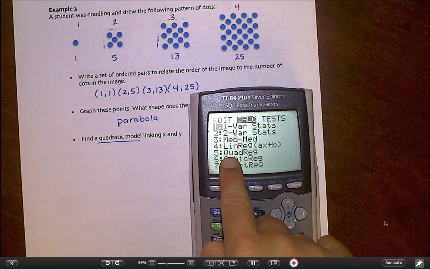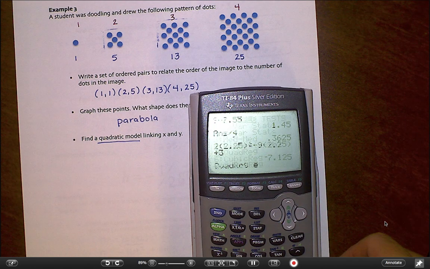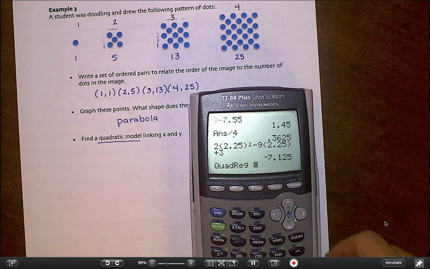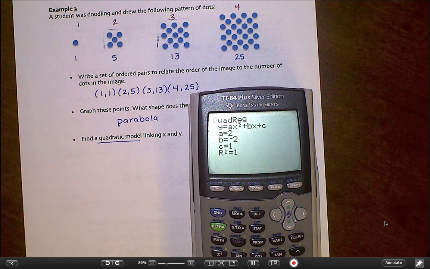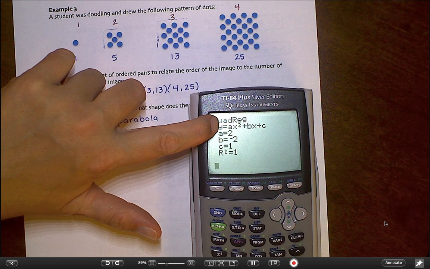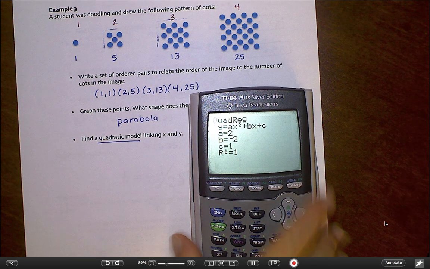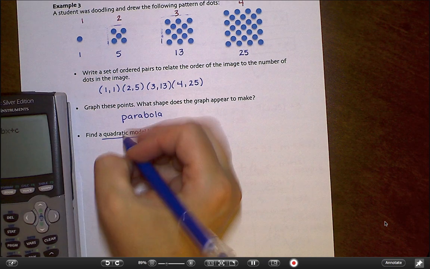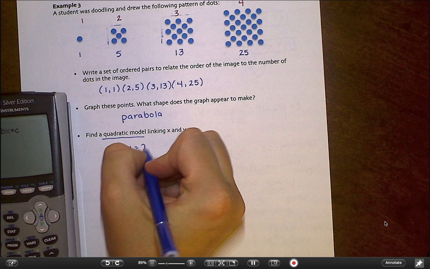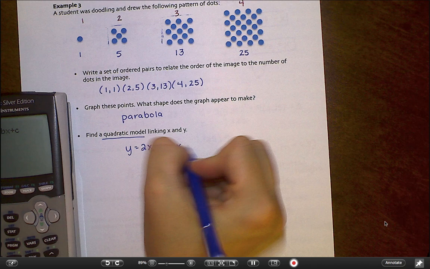I'm doing this number 5, where it says quadratic regression. Enter. On this calculator, I'm just hitting enter. You may have to go down and choose calculate. Okay. And notice it gives me a quadratic, ax squared plus bx plus c, and it gives me an a, b, and a c value. So my quadratic model looks like this. 2x squared minus 2x plus 1.